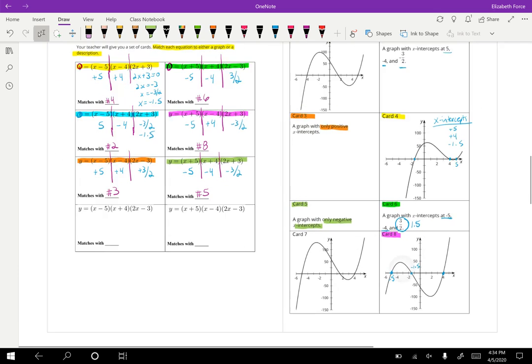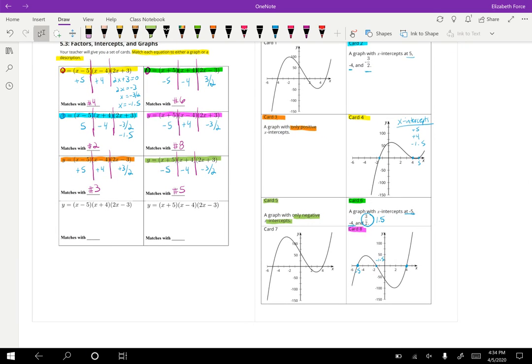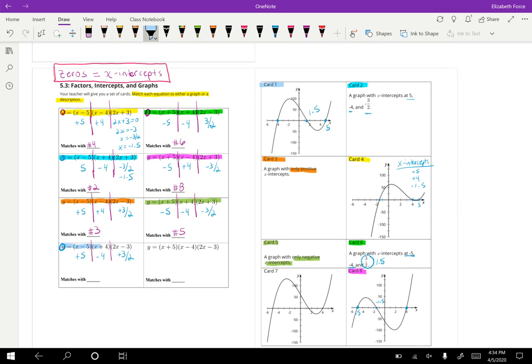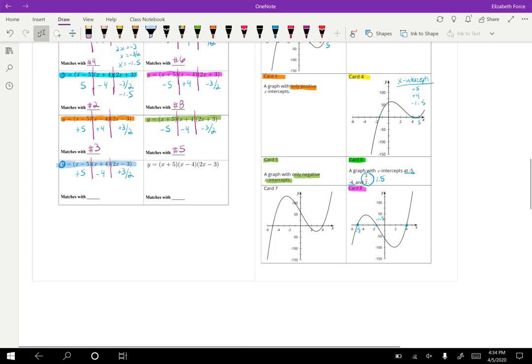If we take a look at our last 2, we've got card number 1 and card number 7 left. I've got 3 factors, and when is this function 0? At positive 5, negative 4, add the 3, divide by the 2. So I've got a positive 5, a negative 4, and then a positive 1.5 for my x-intercepts. That's card number 1, and it's going to match with this function.